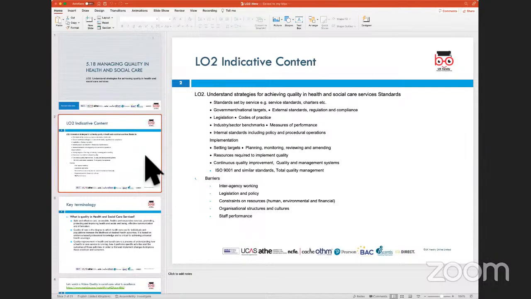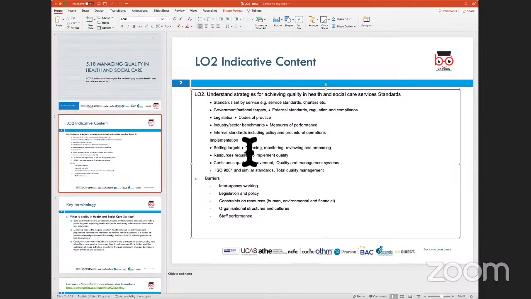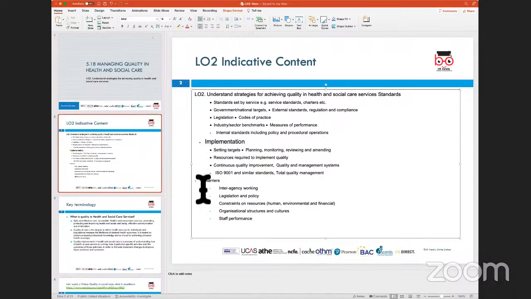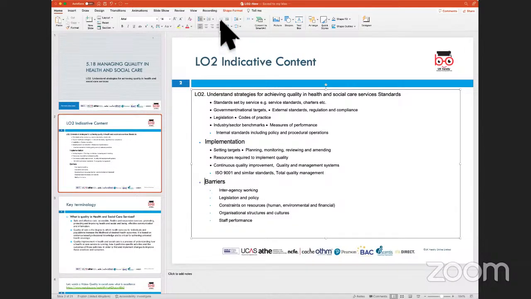And then the second one talks about implementation, how we do the implementation of quality and quality related policies within a particular setup.